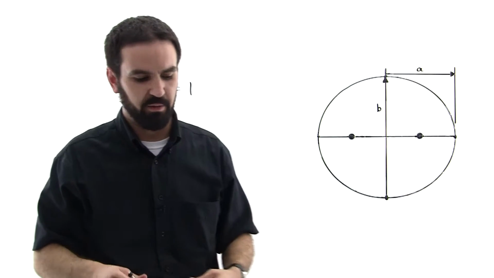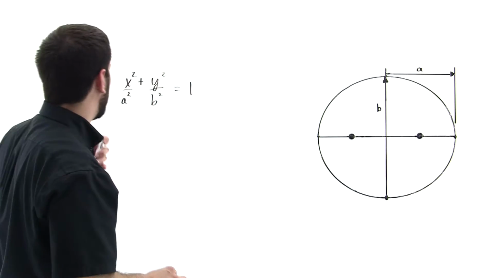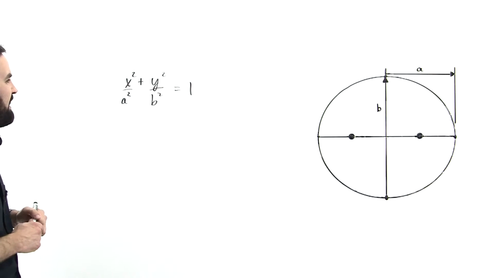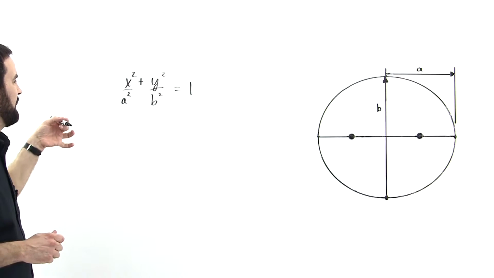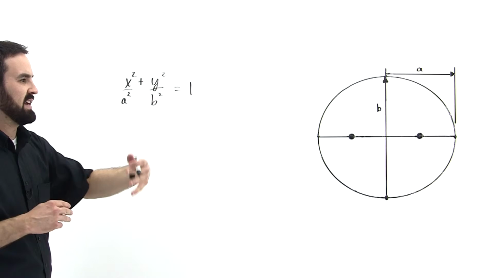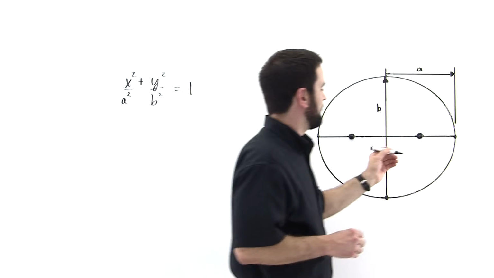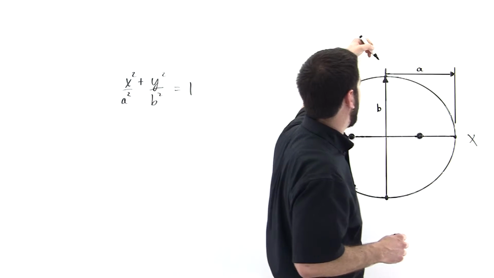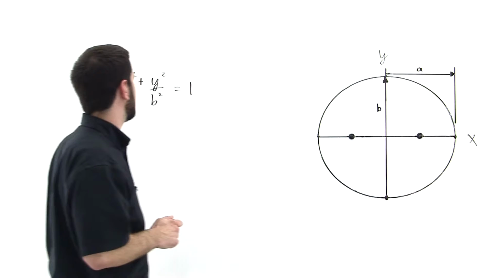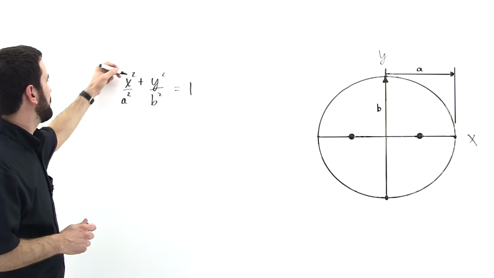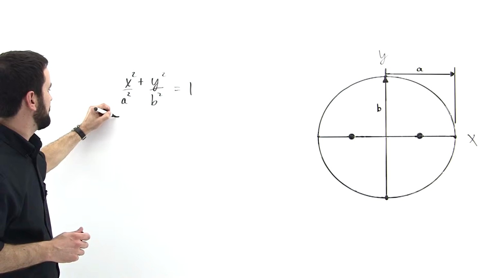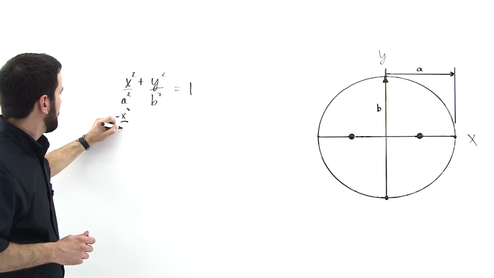It's a constant number. So if we take a look at this equation and we want to graph an ellipse, we solve for y, because we have to solve for y as a function of x so that we can graph it with our calculators. First thing we'll do is subtract this term from both sides, so minus x squared over a squared.